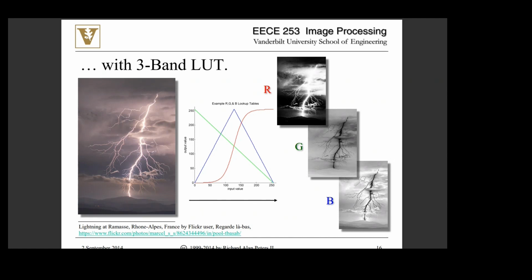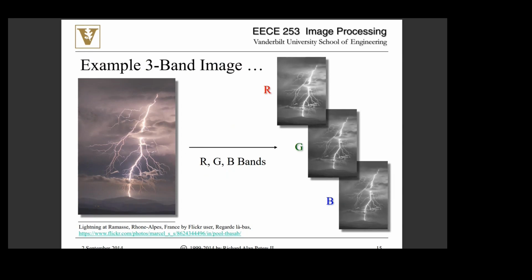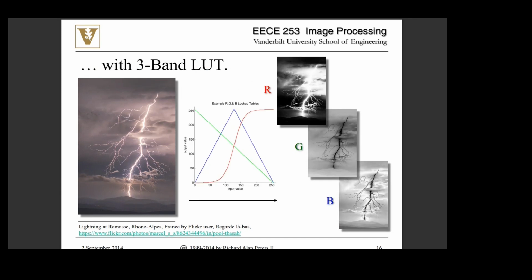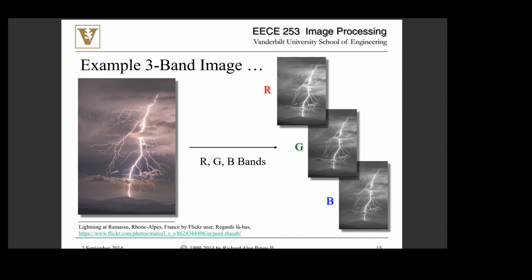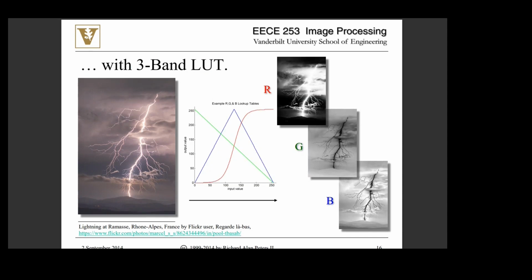So the background should become brighter. That is what's happening. See, the background is in this area, so this is brighter. And then the thunder that was bright, thunder was here. Now it is inverted.